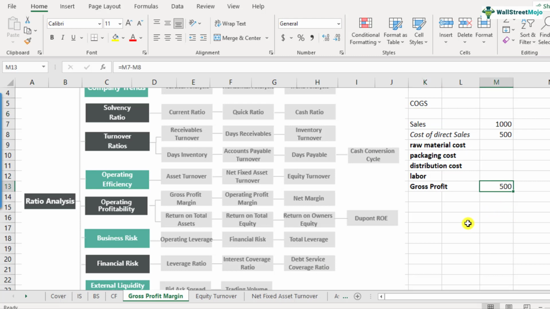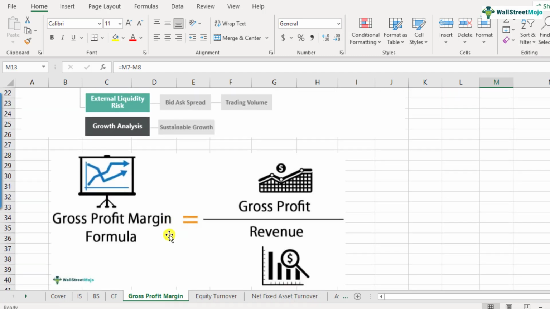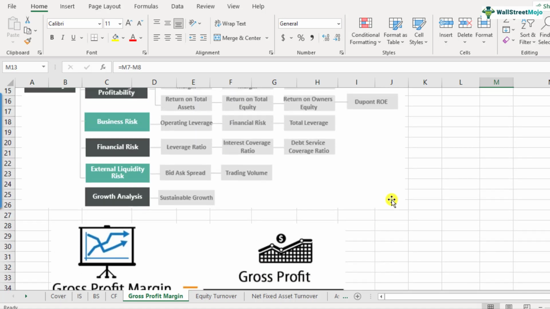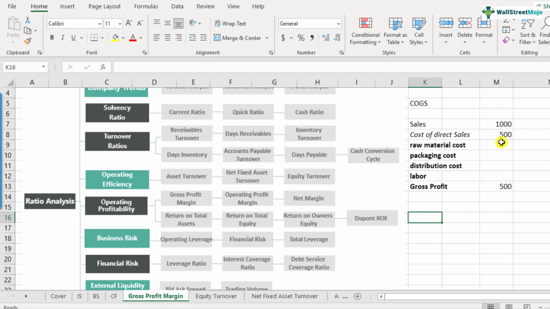Now that we know what is gross profit, the formula for gross profit margin is very simple. I'll show you the formula. The gross profit margin formula is gross profit, the one which we calculated just above, divided by the revenues. Revenue is nothing but the sales numbers. In this case, we have sales as 1,000 and gross profit as 500.